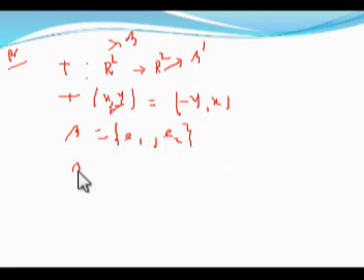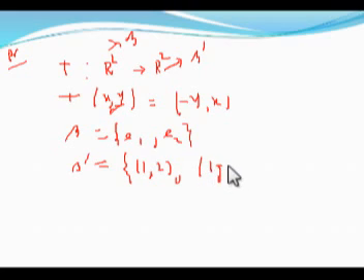Beta prime is given for the range space, a different one: 1 2, and 1 1 minus 1. These are the basis elements for the range space. So there are two ways to find out.